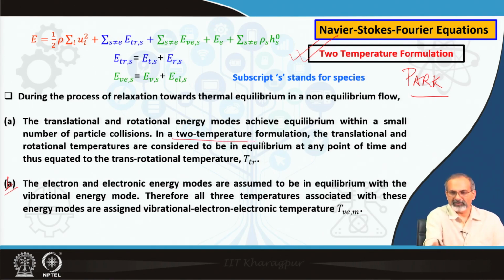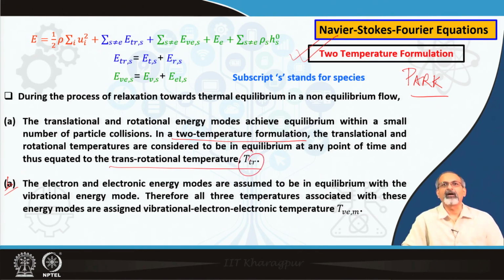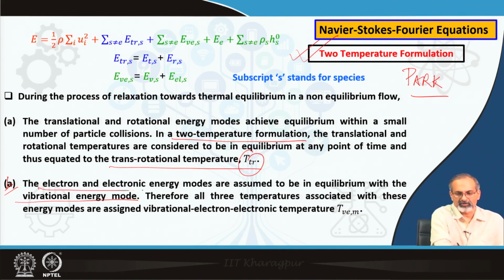So, in a two temperature formulation, the translational and rotational temperatures are considered to be in equilibrium at any point of time, and they are thus equated to the trans-rotational temperature T with a subscript Tr, while the electron and electronic energy modes are assumed to be in equilibrium with the vibrational energy modes.